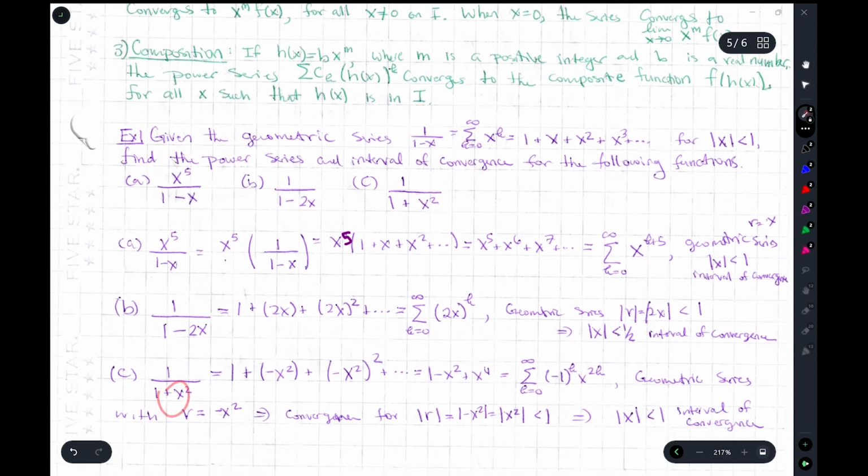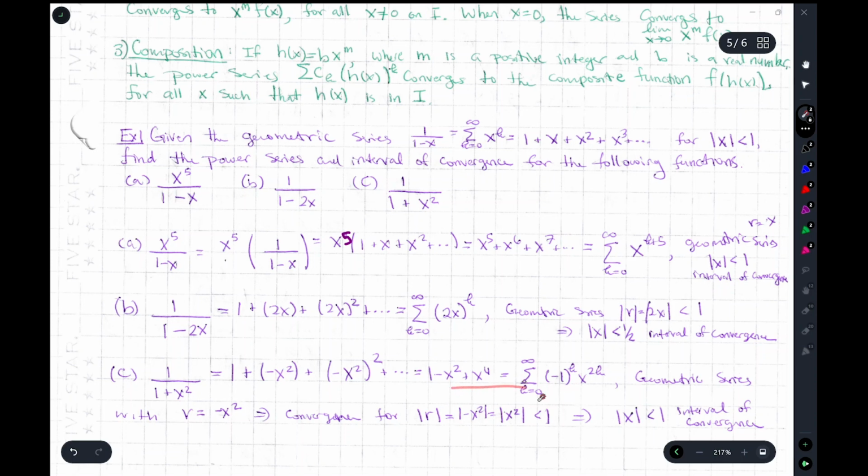What about x squared? Again, we're in composition territory there. Instead of an x, we plug in a negative x squared. Why negative? Because this is 1 minus x, and so if we want 1 plus x squared, we've got to substitute negative x squared into x. And so we get this negative x squared everywhere where we had x before in the geometric series with x.